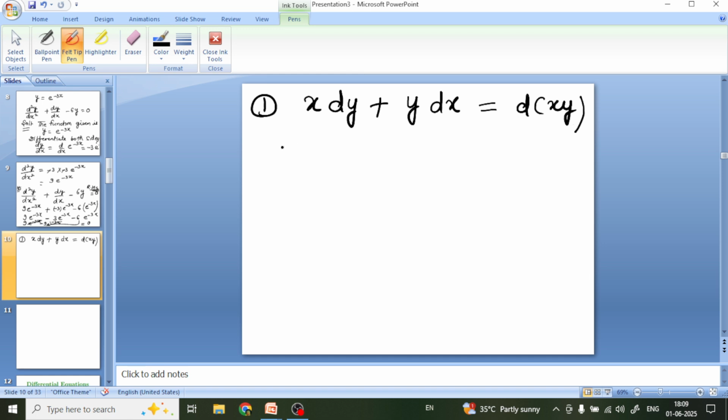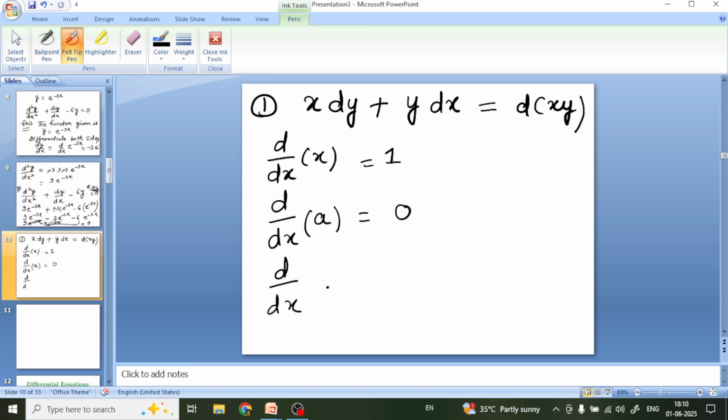You should keep in mind that derivative of x should be equal to 1. If you find the derivative of any constant value, that should be equal to 0. If you find the derivative of a constant and x variable like ax, that should be equal to a times the derivative of x.